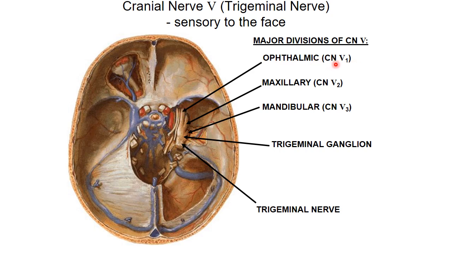So we abbreviate that cranial nerve V1. V is Roman numeral 5, subscript 1 for the first division. There's a maxillary division of the trigeminal nerve, abbreviated cranial nerve V2. And going this way, downward, is the mandibular division of the trigeminal nerve, or cranial nerve V3.